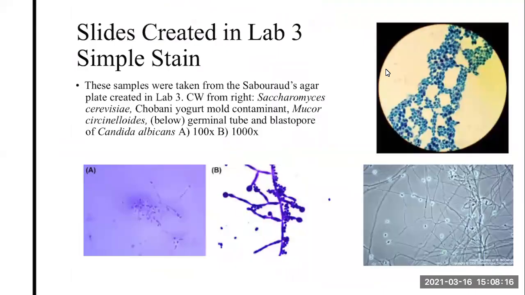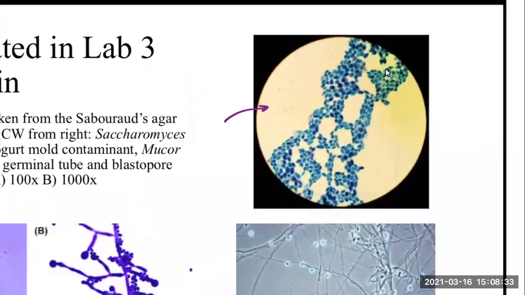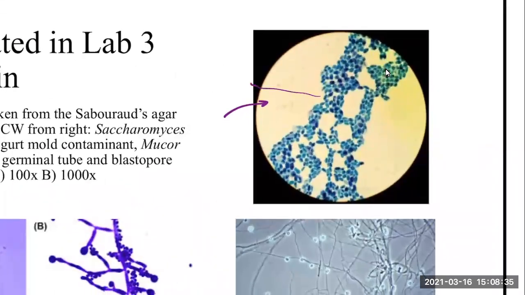There were two other slides that we should have had, and these two slides were taken from Sabouraud agar. What we can see in this slide is probably some sort of Saccharomyces.